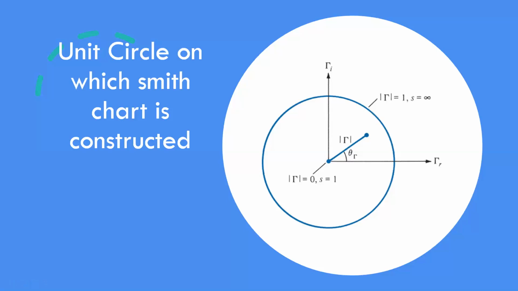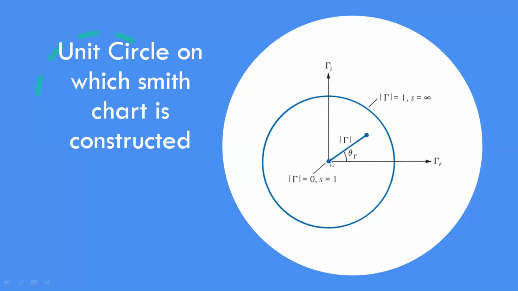Similarly, here the x-axis is the real part of the gamma reflection coefficient, and the y-axis is the imaginary part of the reflection coefficient. Even if you want to see the reflection coefficient in phasor form, it is a line as drawn here, with the magnitude and a phase angle, that is, gamma angle theta.